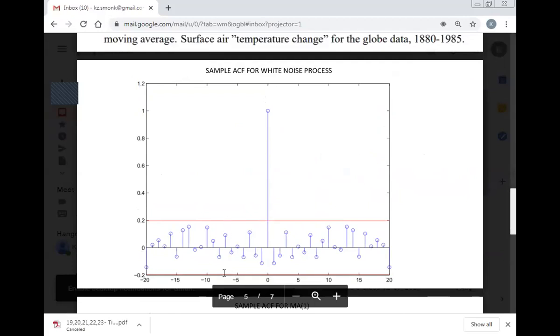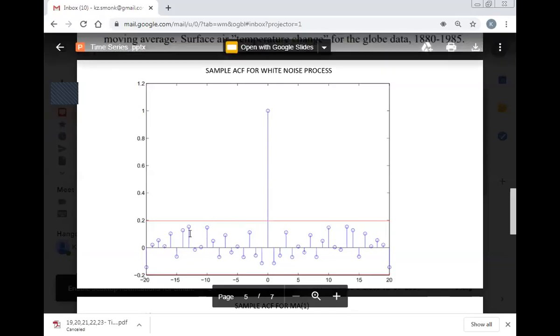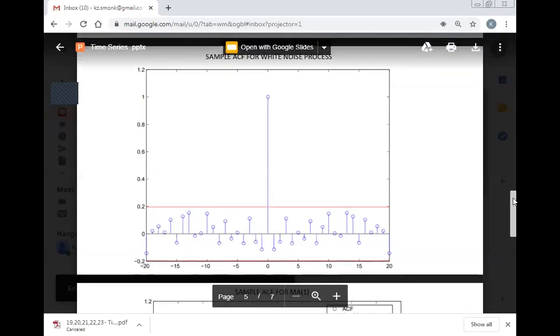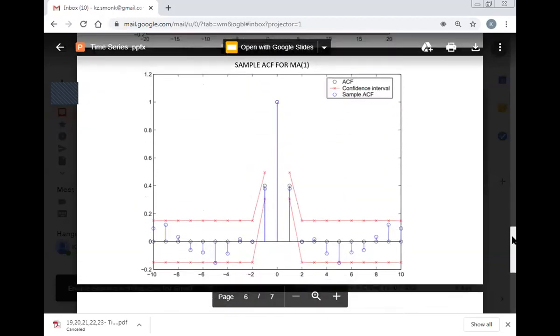All of the points are under this interval, and only one can go beyond. So this graph, this correlogram, tells us that the process I am looking at is in fact a white noise process. This is the kind of graph that you will get once you use statistical software.